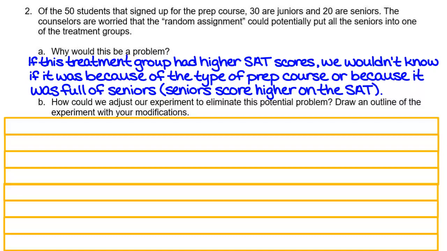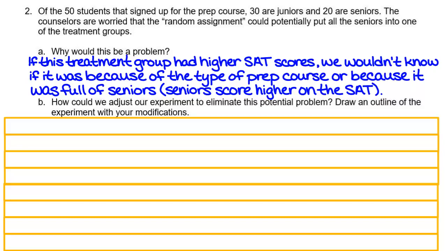How could we adjust our experiment to eliminate this potential problem? Draw an outline of the experiment with your modifications. So, does the beginning of this change at all?